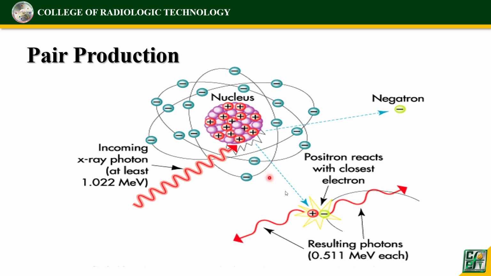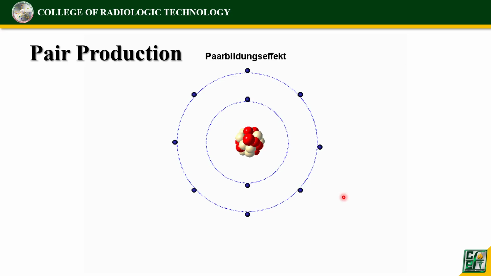So kaya siya basically tinawag na pair production because when the X-ray interacts with the atom or the target material, nagproproduce ng pair of electrons. Okay? And nagproproduce din ng pair na photons kapag katapos ng annihilation. Okay?